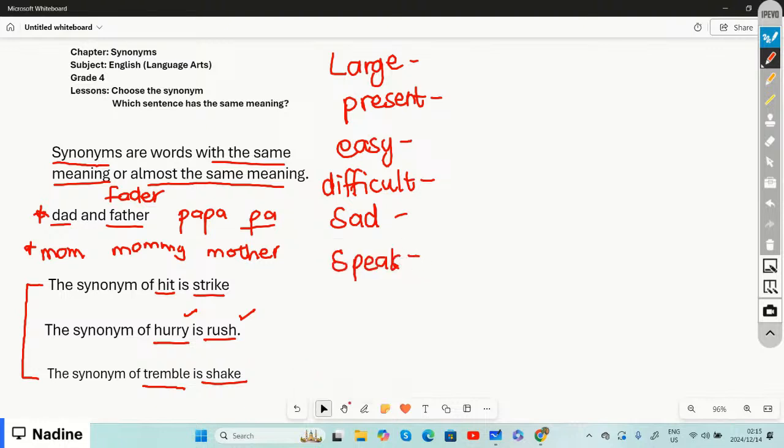Speak. Another word for end. When you're glad, another word for glad. And the last one, what is another word for wealthy?